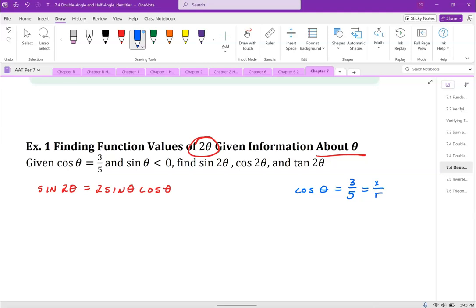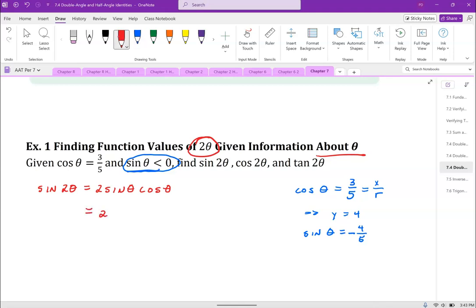If that's x over r, that means y has to be 4, because it's a 3-4-5. So sine of theta is 4/5, but it says sine of theta has got to be less than 0, so it's got to be negative. You could do the Pythagorean theorem, but I'm hoping you recognize that it's a triple.